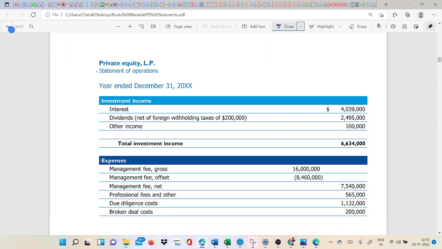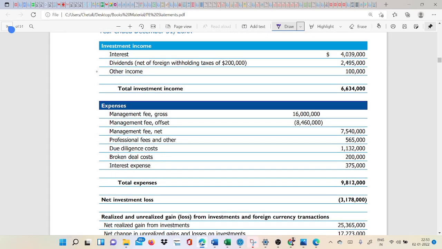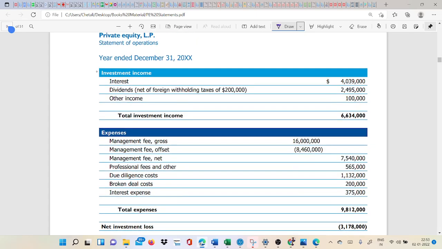Statement of operations. See what are the income items that we'll have to mention, that is interest payment, because we have discussed about it as a preferred return. See the value of interest payment. Then dividend. See the value of dividend. Then other income.